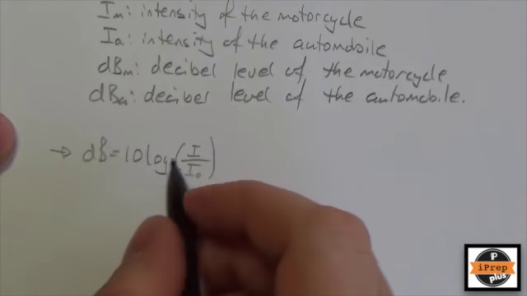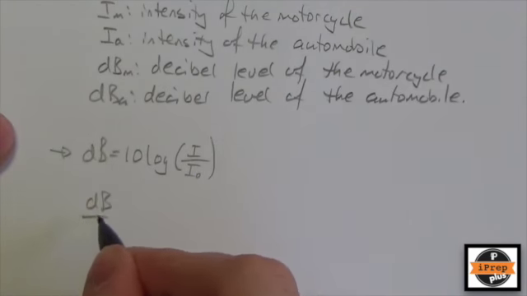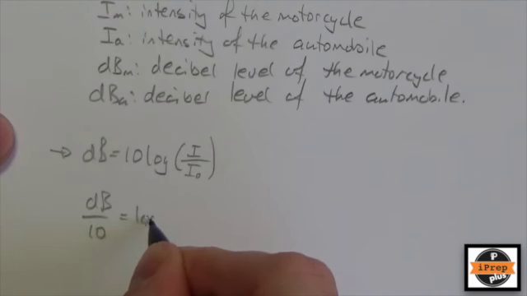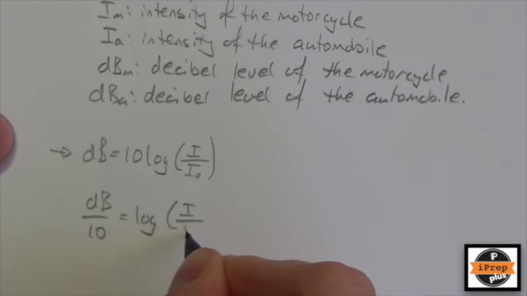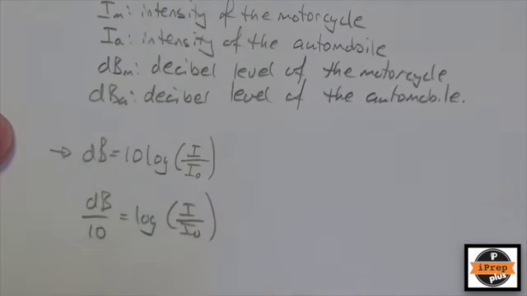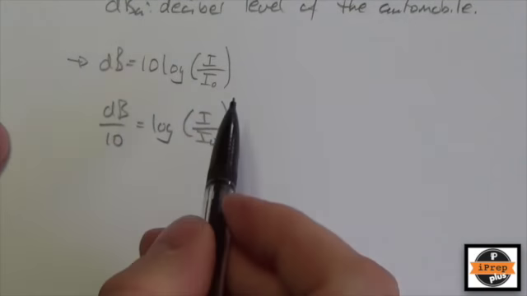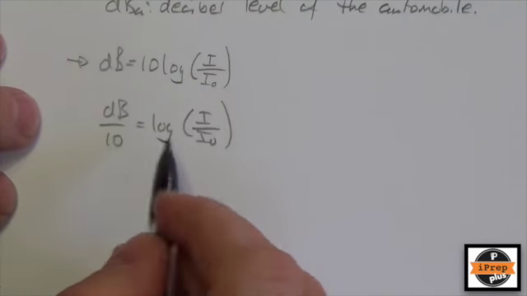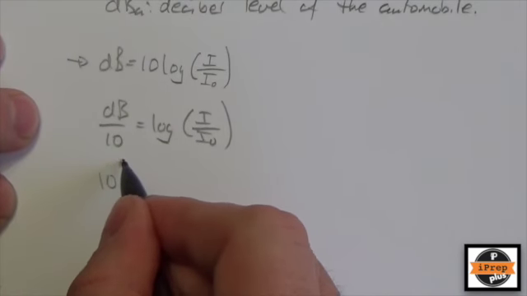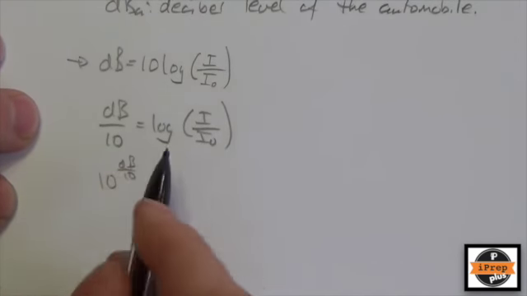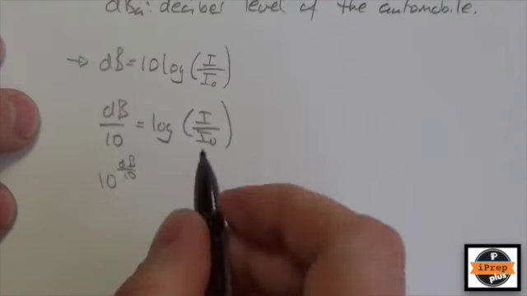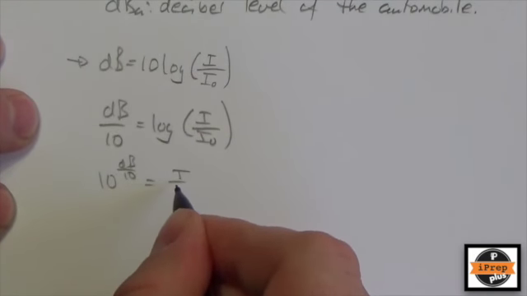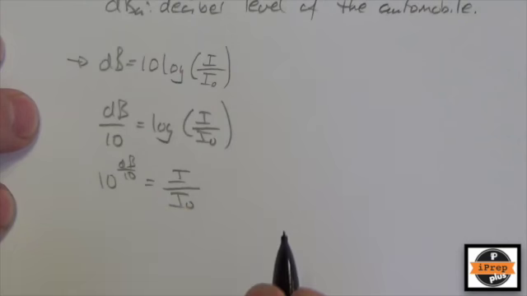So we're going to divide by 10. We'll take the decibel level divided by 10, which equals the logarithm of the intensity over the reference intensity. Because this is a logarithm base 10, a common log, to get rid of the logarithm we take base 10 to this exponent, and that will equal the intensity over the reference intensity.